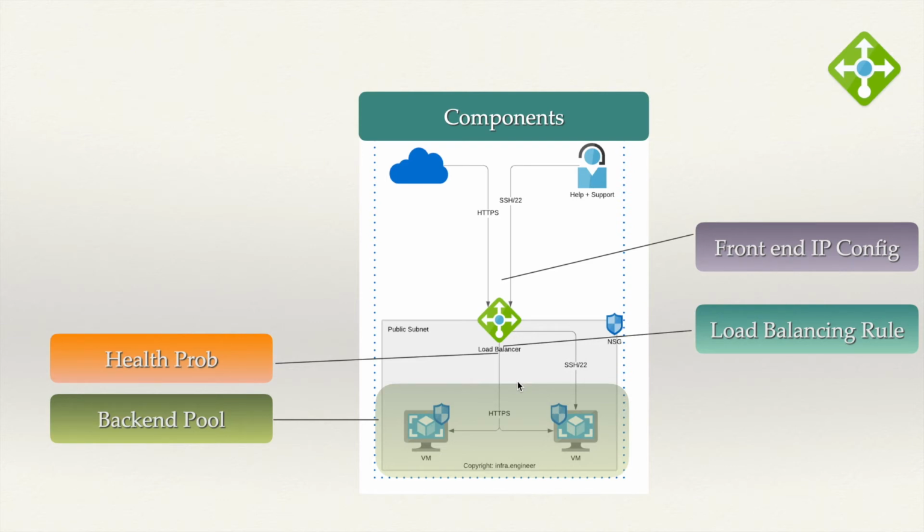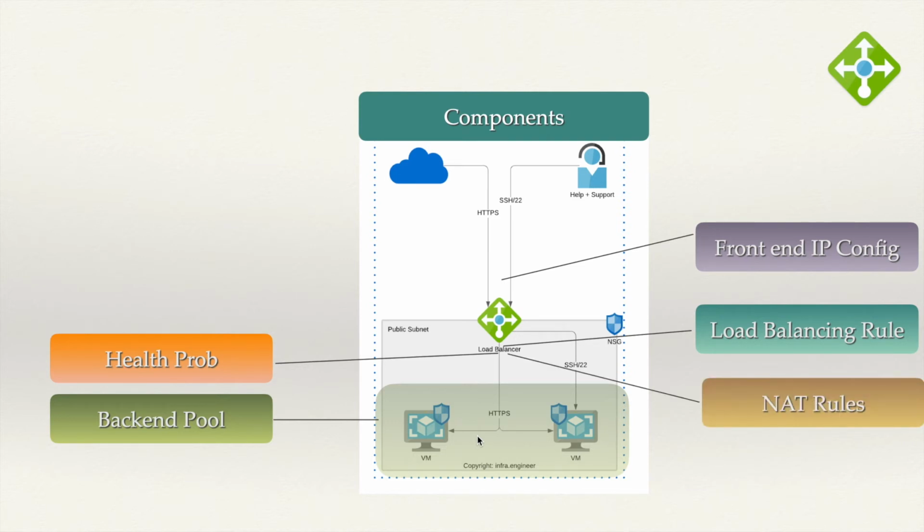So the load balancing rule is the "how" part, how your load balancer is going to be configured, what kind of rule it will have. For example, it might have a rule like, if traffic comes on the HTTP port 80 from this front-end IP config, then route the traffic to this particular backend pool, something like that, right? So this is going to define the "how" part.